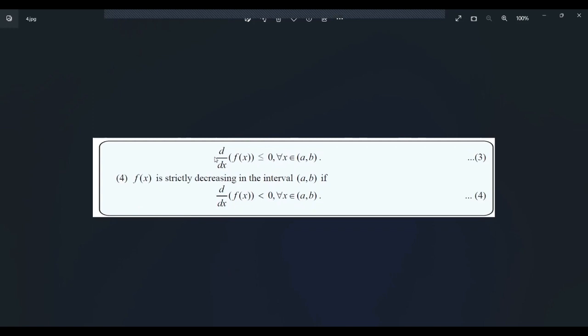And for strictly decreasing, if the first differentiated value of the function is less than 0, that means it is a decreasing function. f of x is strictly decreasing in interval a comma b if d by dx of f of x is less than 0 for all x in a comma b. So we'll be using these in the problems to find the monotonicity of the functions.